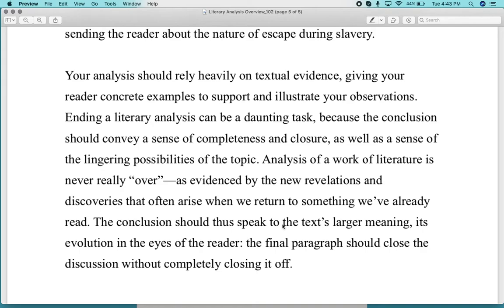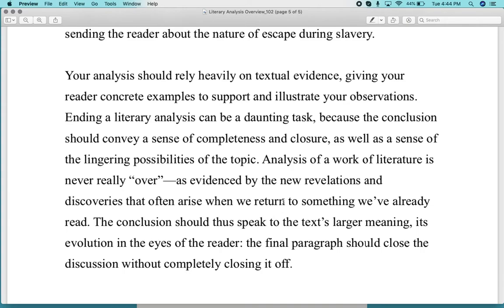There are new revelations and discoveries that can arise every time we reread something. I might read The Underground Railroad and discover a slew of new symbols that I never noticed before. We might have a class discussion and somebody brings up a revelation about the book that never occurred to me, right? So an analysis is never really over, because there's always more stuff to uncover.